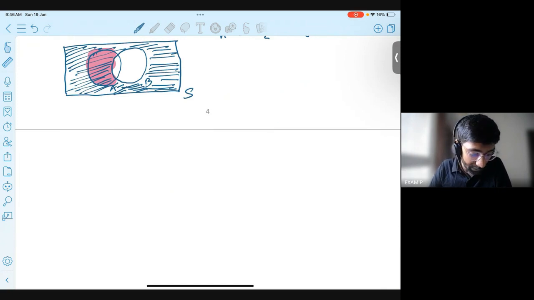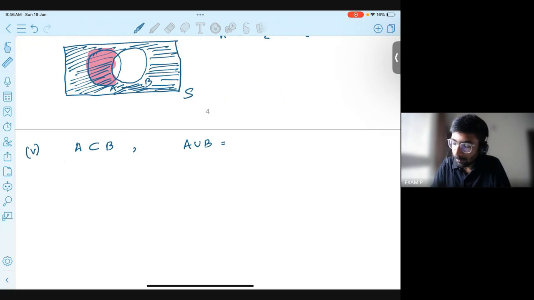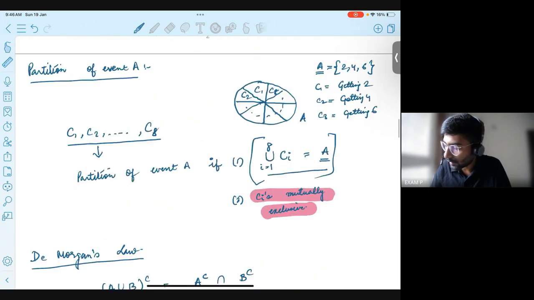Next, part 5. If A is a sub-event of B, which we learned, then what should be A union B? If A is smaller and contained within B, then A union B will give you the bigger set, which is B. And if you take the intersection, it will be just A, because that is the only common part between A and B. Can you visualize this?